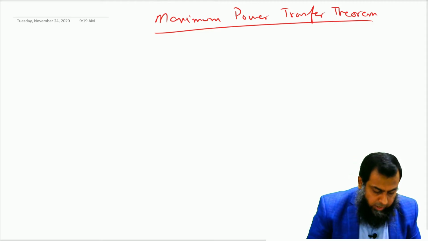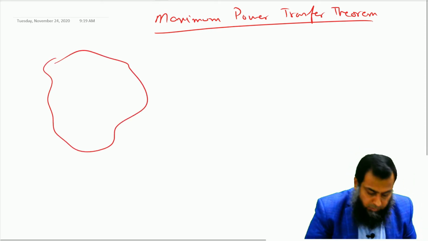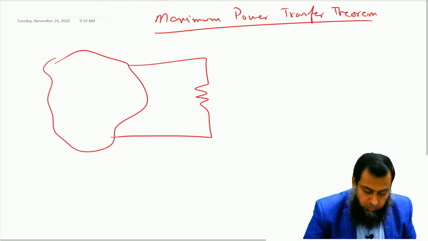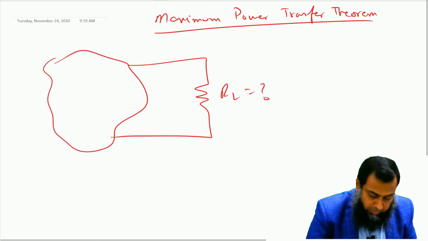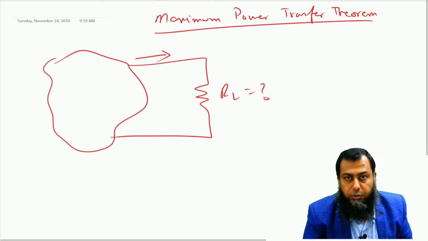So for any given circuit, for instance, we have a circuit here, and we want to connect some load resistance RL here. So we want to see what should be the value of this RL to maximize the flow of power from this whole circuit to this particular load.